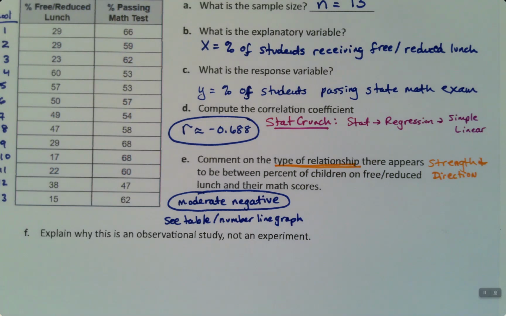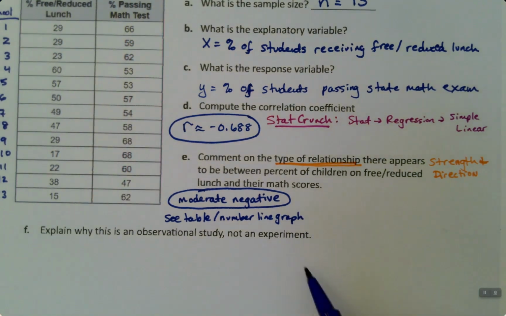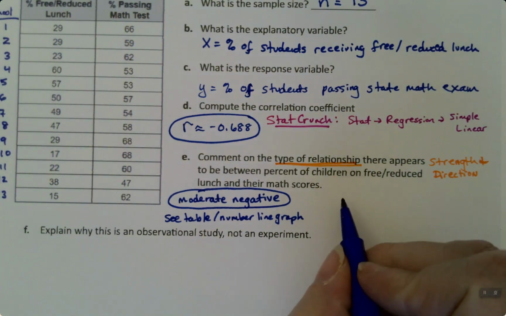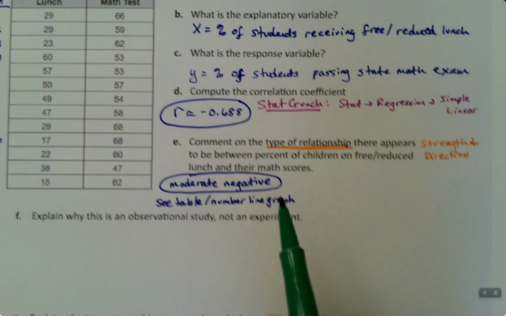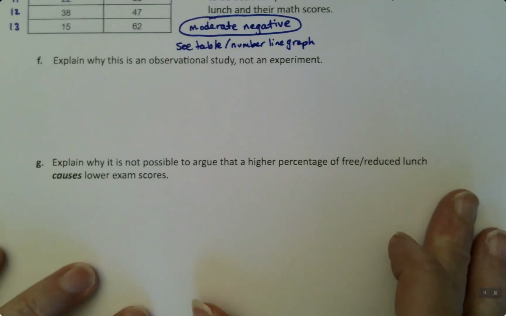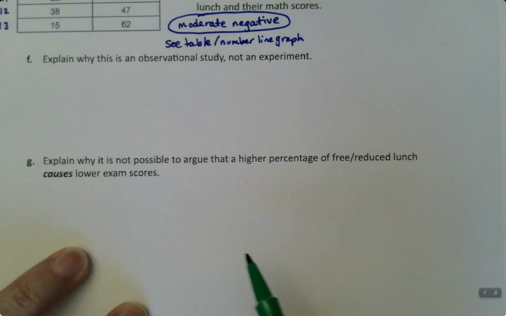All right. Now I want to talk about this just a little bit more because I want to make sure you all have a sense of what this means. I didn't give a ton of space here, but you probably don't need as much space down here. So let's think about this. What we're talking about is a relationship that is moderate negative. What does that mean? I'm going to draw a picture, which we actually need for this bit anyway.